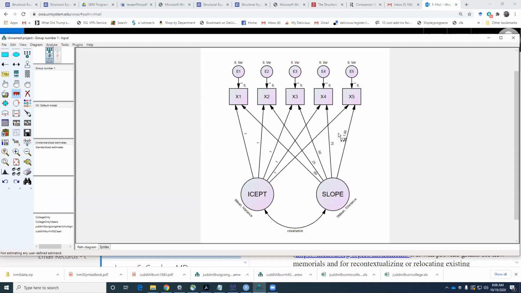And that in your particular study may not be what you want to do, particularly if there are unequal amounts of time between the measurement occasions. If, for example, this is a 1-year follow-up, but this is a 2-year follow-up, and that's a 3-year follow-up, you don't want to have numbers there that correspond to equally spaced steps.